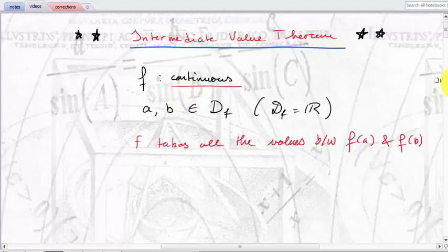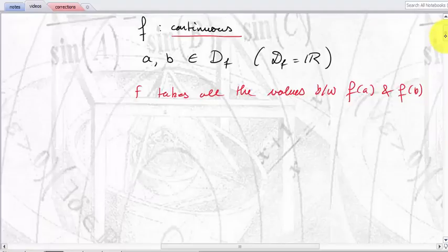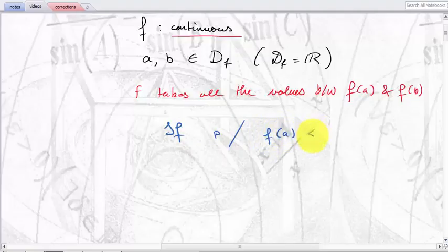What does it mean that f takes all the values between f of a and f of b? That means if I take any value between f of a and f of b, so if p is such that, let's say, f of a is smaller than p, which is smaller than f of b. Okay, we could also have the other way around, right? f of b is smaller than p is smaller than f of a.